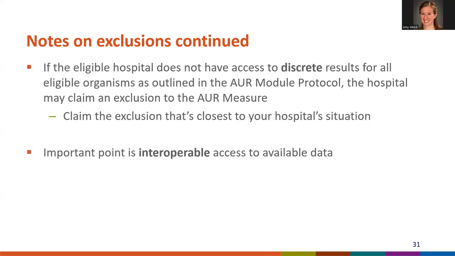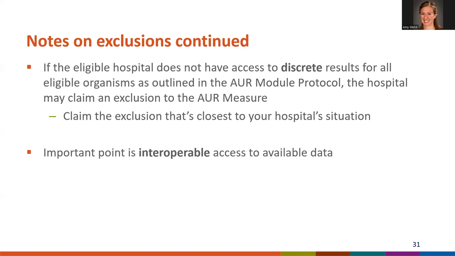If the hospital does not have access to discrete results for all the eligible organisms as outlined in the protocol, the hospital may claim an exclusion for the AUR measure. And again, while the exclusion specifically mentions electronic LIS and electronic ADT, the exclusion related to the AR data, we and CMS encourage you to claim the exclusion that's closest to your hospital situation.